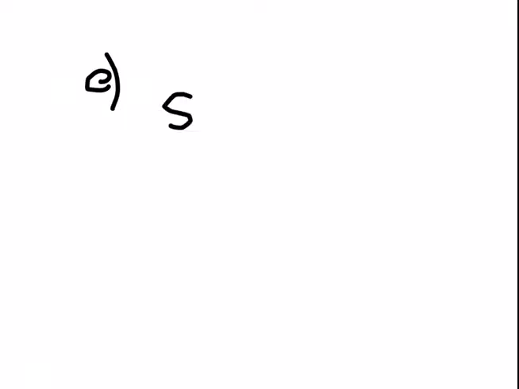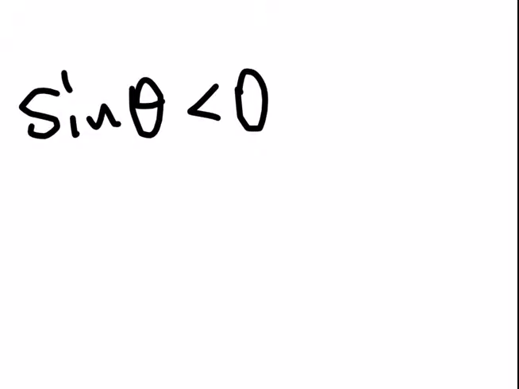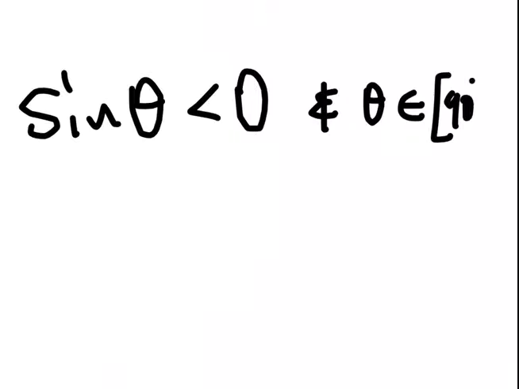So this one, it comes in a different way. They are saying sine of that, let's say less than 0 there, and this time around they just say the angle being an element of 90 degrees and 270 degrees.